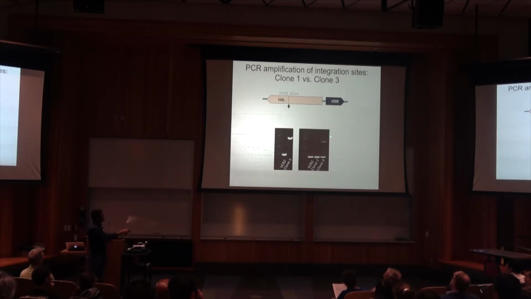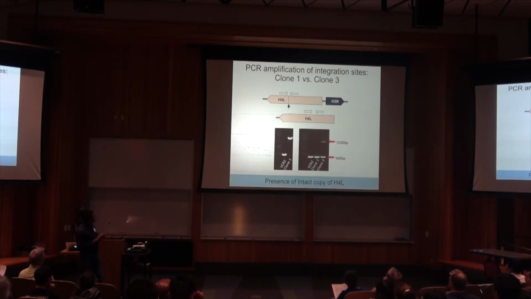In comparison, in clone 3, where it is integrated into an essential gene, you see the PCR amplification yielded 2 distinct bands, where the larger band indicates the mCherry E3L integrated into H4L, but the smaller band indicates that there is an intact copy of H4L, which might explain how clone 3 can replicate if it is integrated into an essential gene.